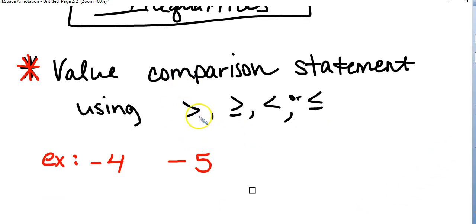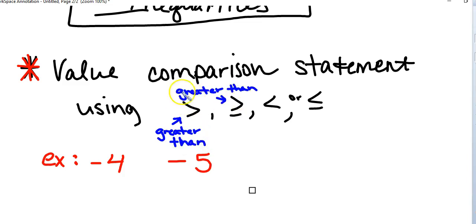What they mean. This first symbol is our greater than symbol. Okay, this is the greater than or equal to symbol. Okay, and then the other two, this one is what we call our less than symbol.